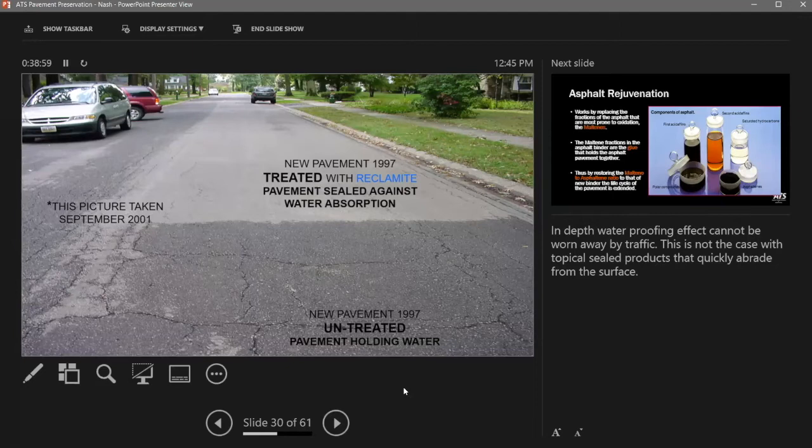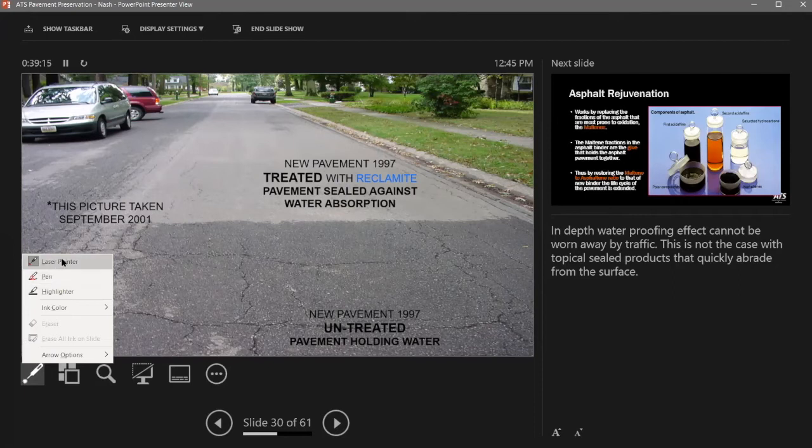You're looking at the pavement that's been untreated. You can tell it's holding water. You've got a lot of cracking. The cracks are starting to connect with each other, which then becomes more of an issue later on because it'll allow water into and under the base, or I'm sorry, under the pavement.